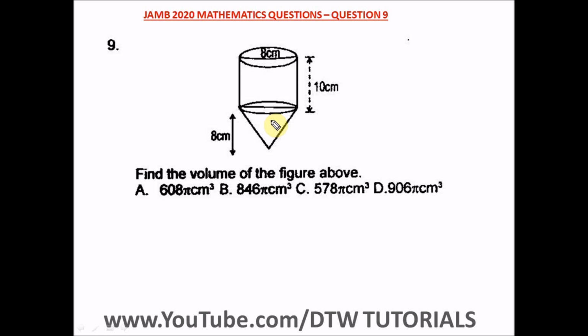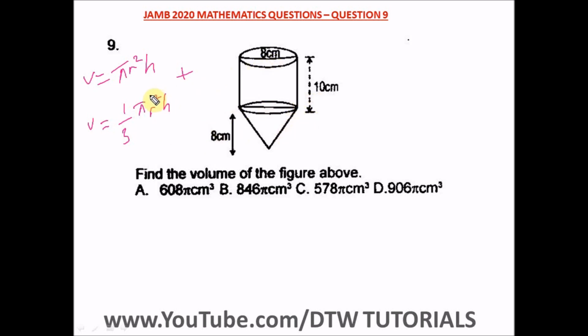Recall that the volume of a cylinder is pi r square h, and the volume of a cone is 1/3 pi r square h. So to find the volume of this cylinder merged with this cone, we have to add these two volumes together. So let's work on that.